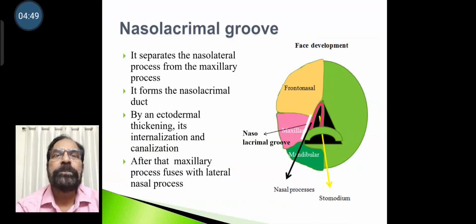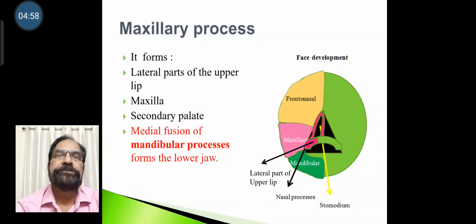After that the maxillary process fuses with lateral nasal process. Maxillary process forms lateral part of upper lip, maxilla, secondary palate. Medial fusion of mandibular processes forms the lower jaw.